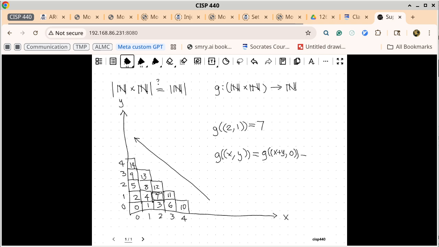And then what we need to do is simply to add y to this value because this is the number of times we have to step up or take the stair up. So that becomes this number here. And then because of that, this becomes x plus y, the whole thing times x plus y plus 1 divided by 2, and then plus y like that.